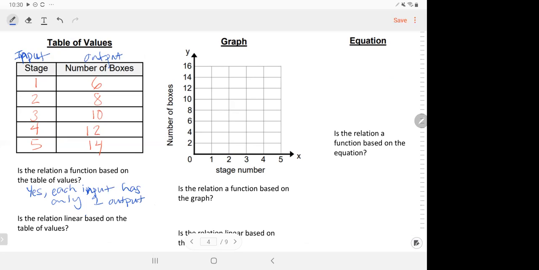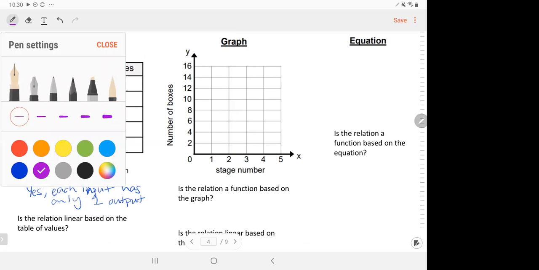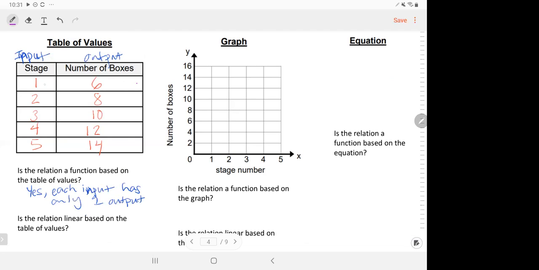Is the relation linear based on the table of values? Well, in order to find if something is linear, we in the past have said, okay, if this is just going up by 1, 2, 3, 4, 5, we can say, how do I get from stage 1 to stage 2? Right here, I'm adding plus 2. How do I get from stage 2 to stage 3? Plus 2.